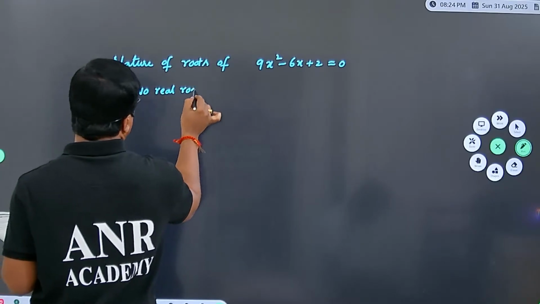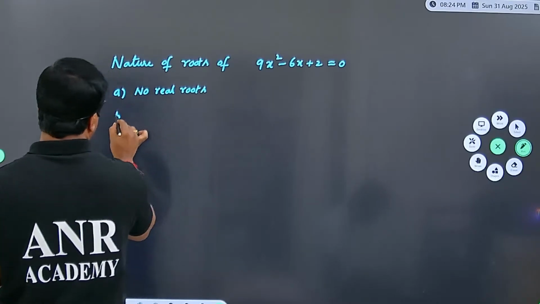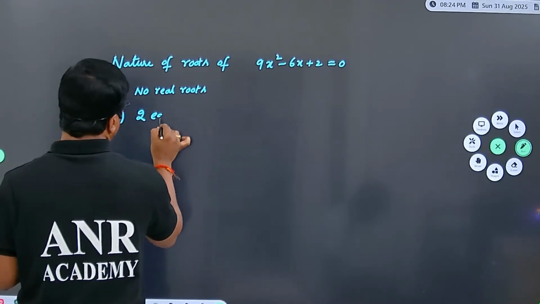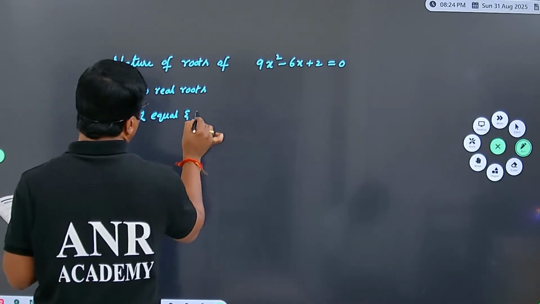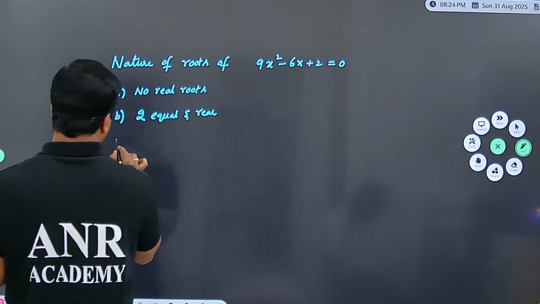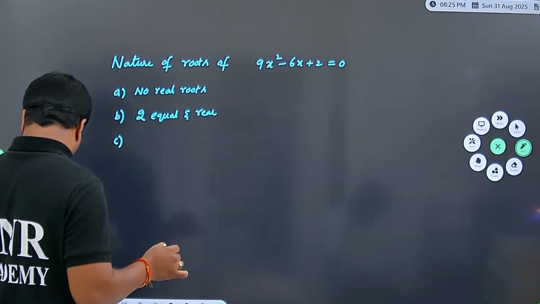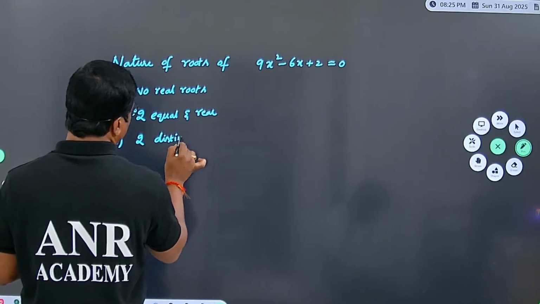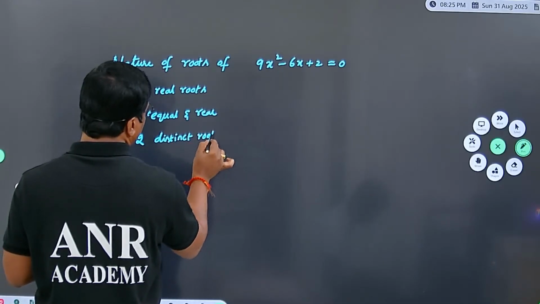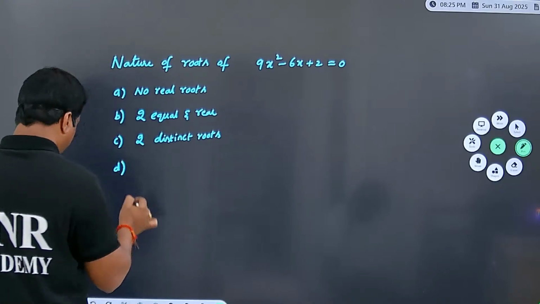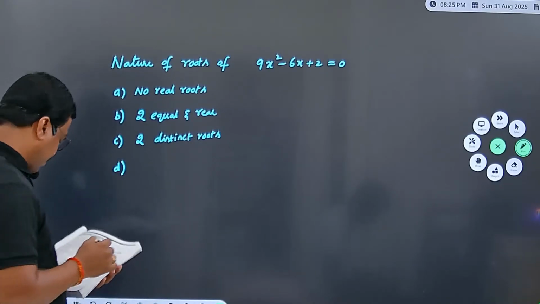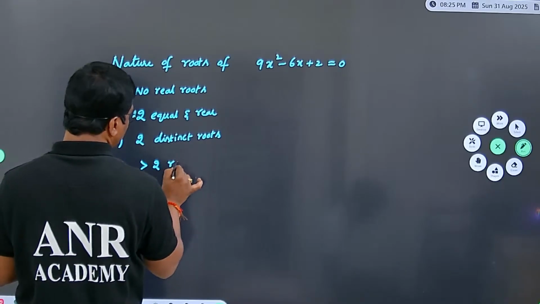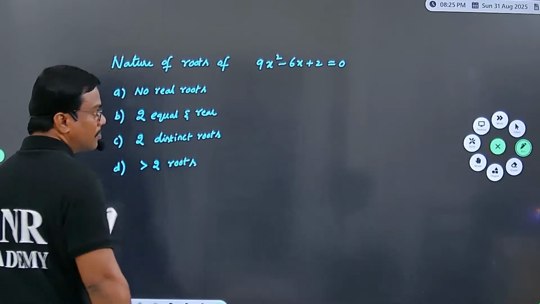Option A, no real roots. Option B, 2 equal and real roots. Option C, 2 distinct roots. Option D, more than 2 roots.